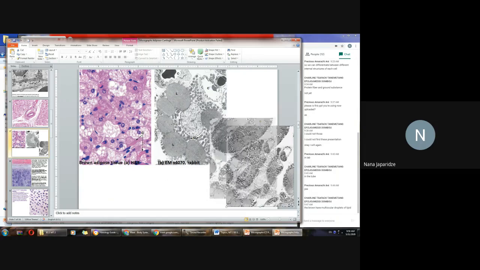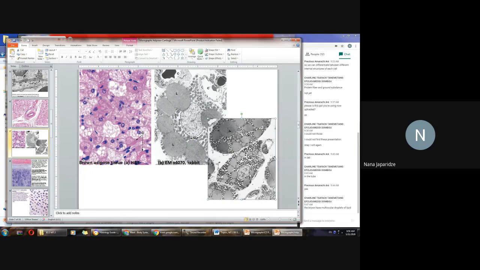So, another TEM image, and you see here 1, 2, 3, 4, 5, and 6 parts of brown adipose cells, and only one cell is fully represented on this image, with, look, cell body, cytoplasm, the nucleus first of all, surrounded by the cytoplasm, and the cytoplasm is filled with lipid droplets and mitochondria.